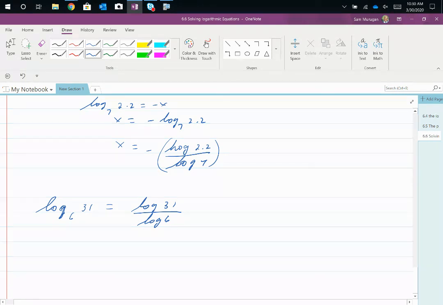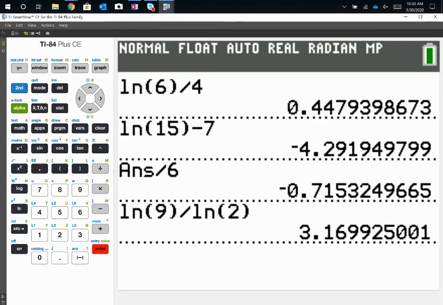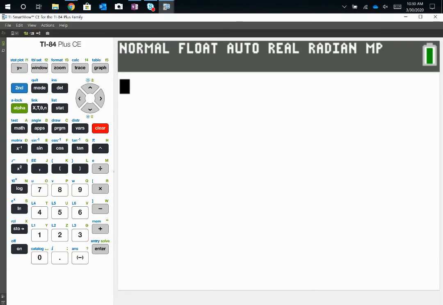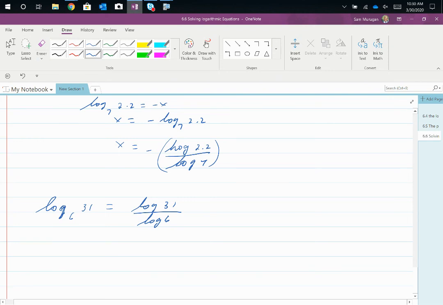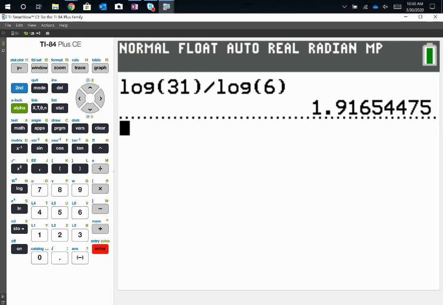Okay, so the calculator would give you the solution to this, and I want to show you two different ways. So we're taking log 31 divided by log 6. Log 31, make sure you close the parenthesis, divide by log 6. And you'd get your answer is approximately 1.917.